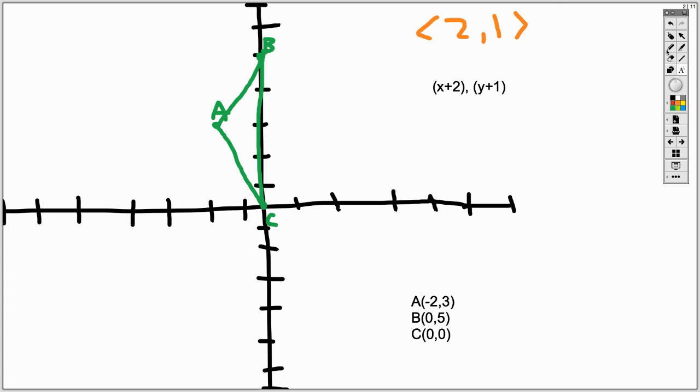So we take our first coordinate, A, and we do x plus 2. So this here, 1, 2, and y plus 1. So this would be my new coordinate. Then B, I would do the same thing, x plus 2, so 1, 2, and y plus 1.